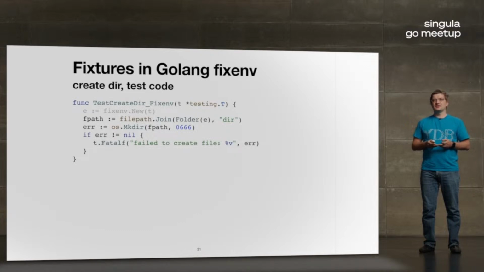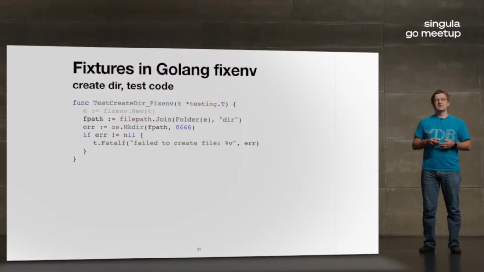If something goes wrong, the fixture will fail the test, and this allows us to avoid boilerplate code to handle errors while we create our test environment. We can write more useful code and less service code.